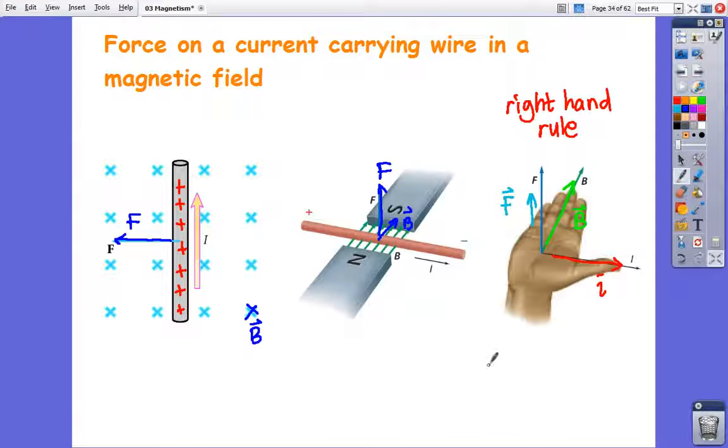Got it? I'm going to draw you a picture of a hand, and then you can draw the direction of current by the thumb I, the magnetic field by the other 4 fingers, and F is the direction of the palm.